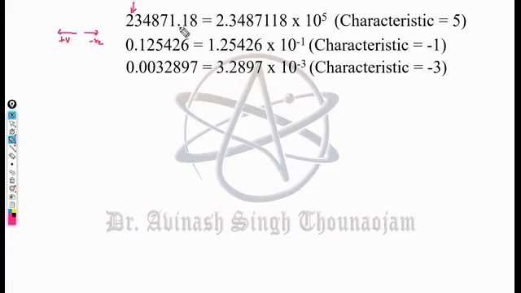Let's count here: 1, 2, 3, 4, 5. So the characteristic is 5, plus 5 because I am moving towards the left. I am moving it towards the right, so it will be negative, and I move one place, so it is minus 1. Over here it is 1, 2, 3. So the characteristic is minus 3.